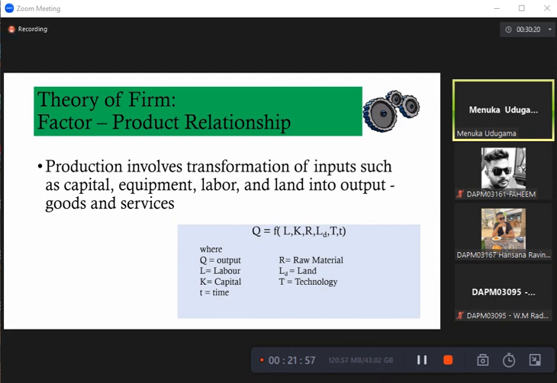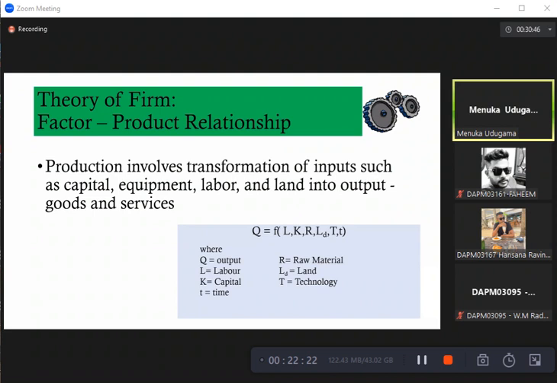It could be raw goods, maybe like crop, paddy, potatoes, vegetables, or it could be value added, right? Canned food, dried food, or whatever. So in a firm, factors of production are transformed into goods and services, right?